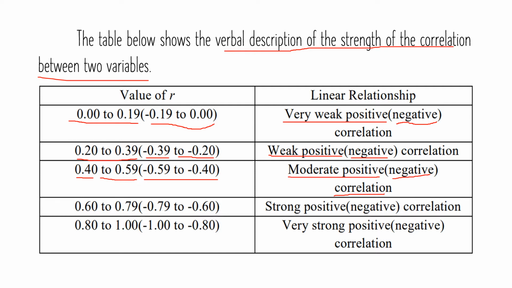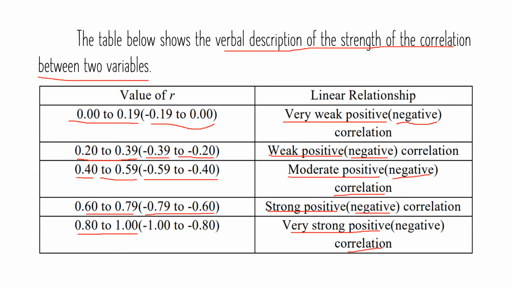So 0.60 to 0.79 will be a strong positive correlation. From -0.79 to -0.60, that will be a strong negative correlation. Now, from 0.80 to 1.0, that will be a very strong positive correlation. Then -1 to -0.80, that will be a very strong negative correlation.